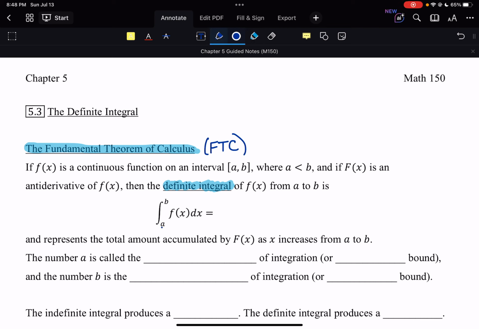So this is the integral from a to b of f of x dx equals big F of b minus big F of a.